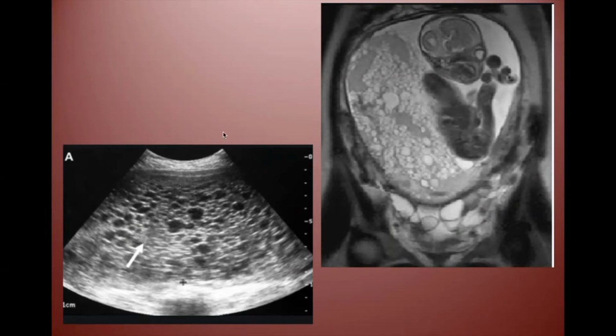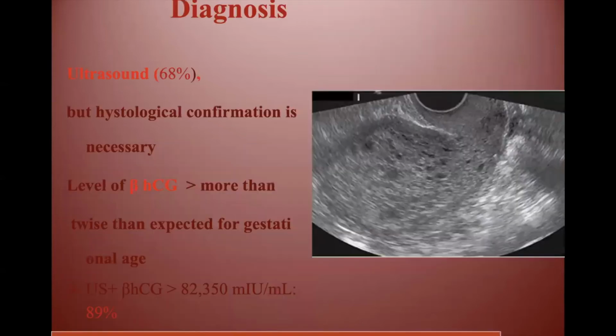So this is a picture of a complete molar pregnancy. But if we look at the computed tomography, we can see in this picture that it is an incomplete molar pregnancy, because we can see the parts of the fetus, and at the same time these bubbles with different size and different shape.